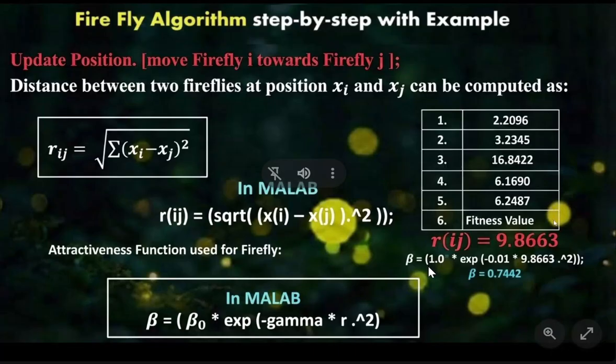We use the attractiveness function beta, which ensures attractiveness decreases exponentially with distance. The formula is beta equals beta naught times e to the power minus gamma times r square, where r is the distance between two fireflies, and gamma is, as discussed by Dhruva, the light absorption rate.